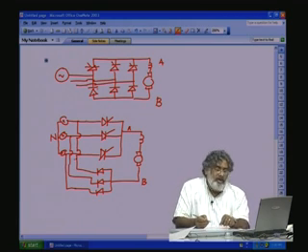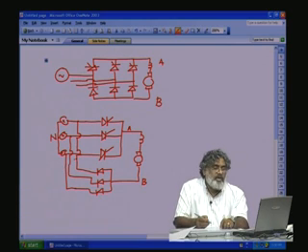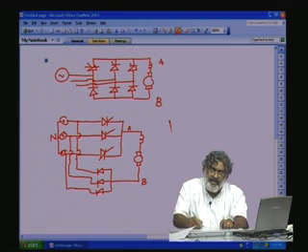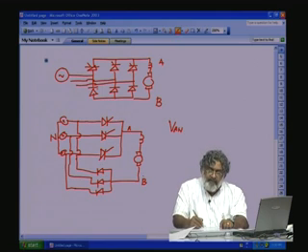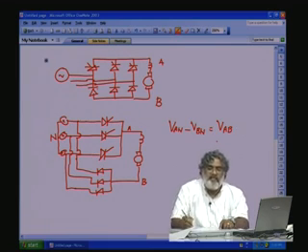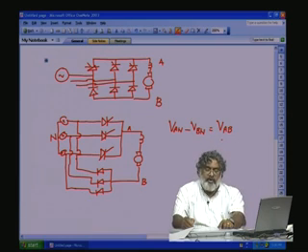Now, the total output ripple is the output ripple due to the top thyristor converter, that is VAN, minus VBN is equal to VAB, that is the instantaneous voltage ripple across the load.